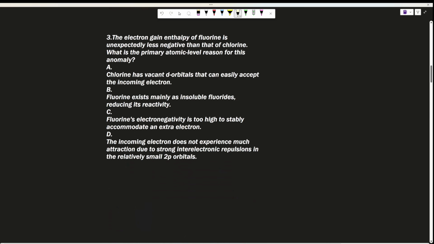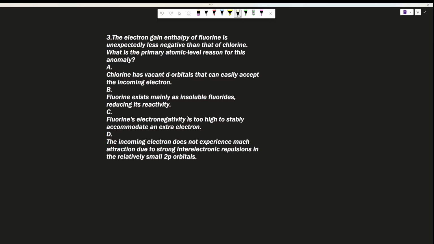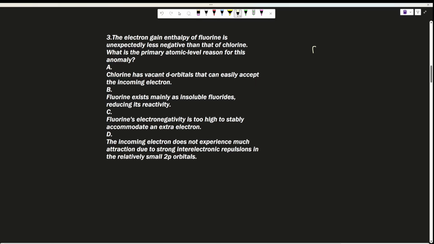The electron gain enthalpy of fluorine is unexpectedly less negative than that of chlorine. What is the primary atomic level reason for this anomaly? See, this is also a famous exception. So you have fluorine, chlorine, bromine and iodine. As you move down the group, electron gain enthalpy has to decrease, right?